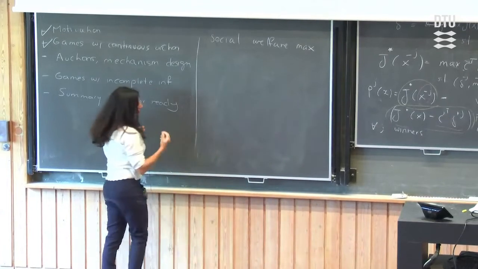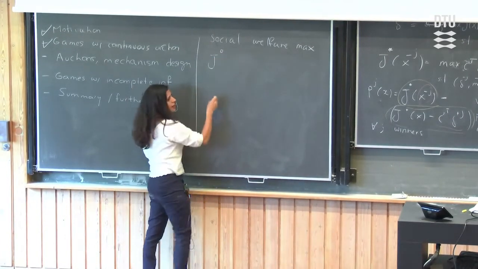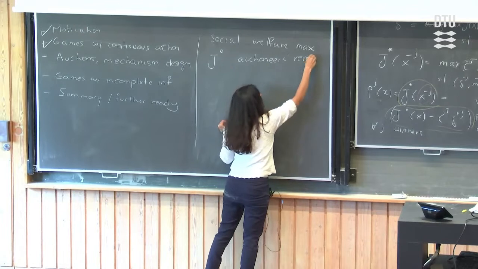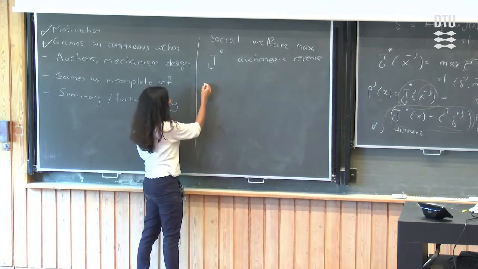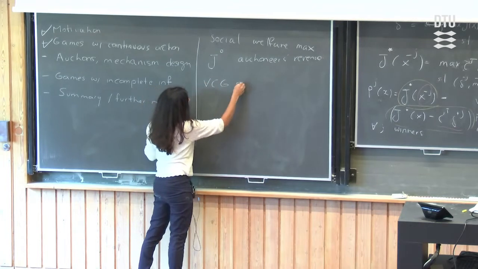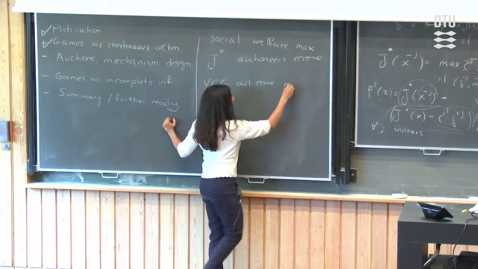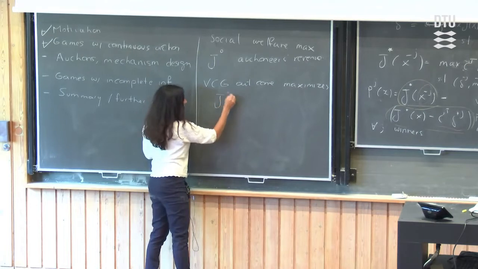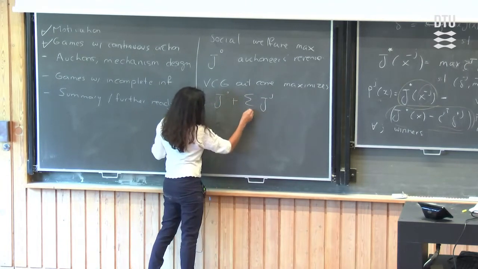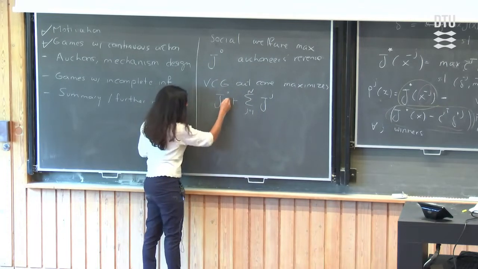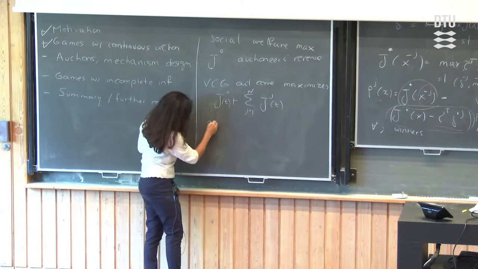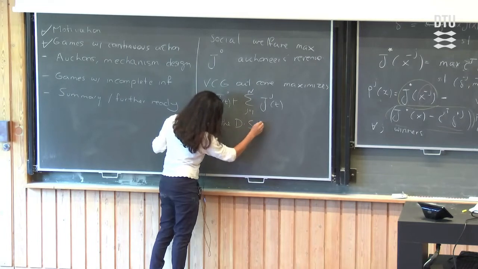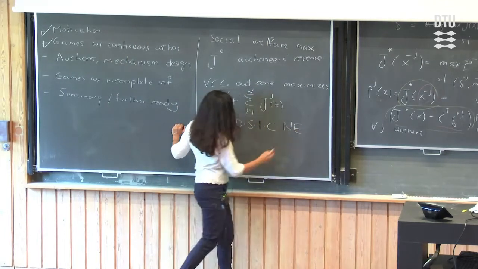The way to look at this is if we let J0 be the auctioneer's revenue, the VCG outcome maximizes the sum of everybody's revenue, at the dominant strategy incentive compatible Nash equilibrium.